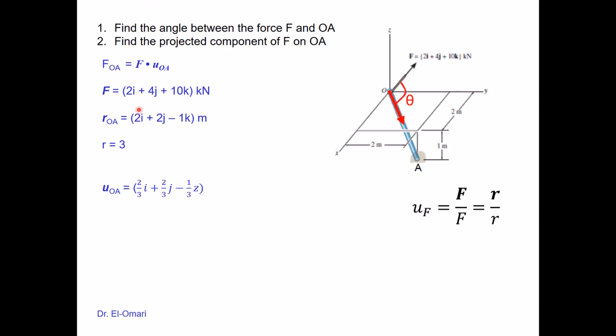Finally, just get the dot product of F dot the unit vector OA, by multiplying 2 times 2/3, then adding 4 times 2/3, and then adding 10 times negative 1/3.